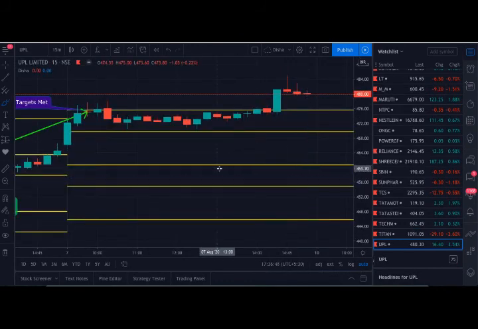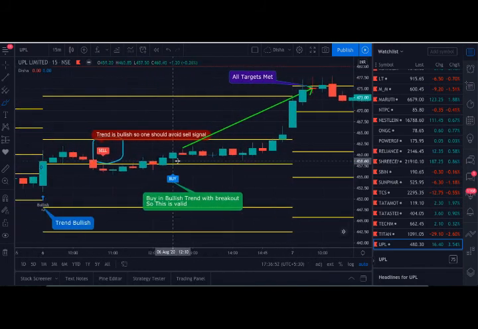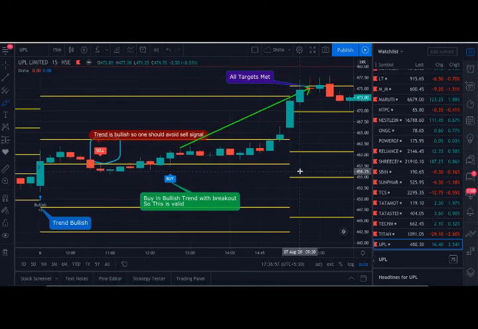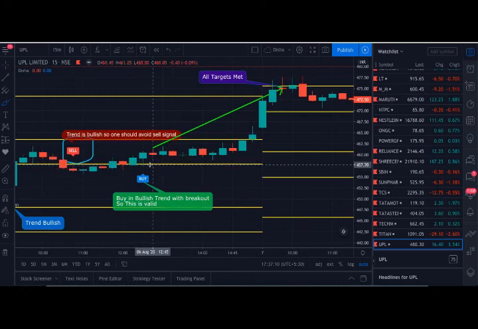UPL, if you remember, I have already shared this. This is one of the best trades in these 2 days. You can see here the trend is bullish. In a bullish trend a sell signal was generated, so you have to avoid that. Then it has given a buy signal with breakout, you can see here.